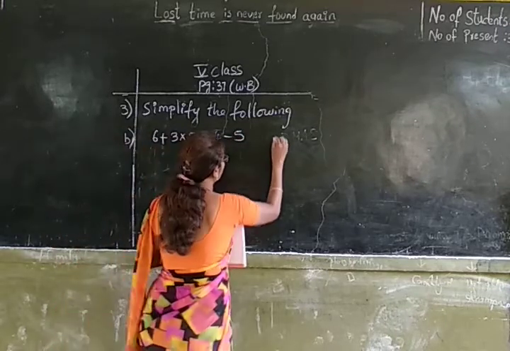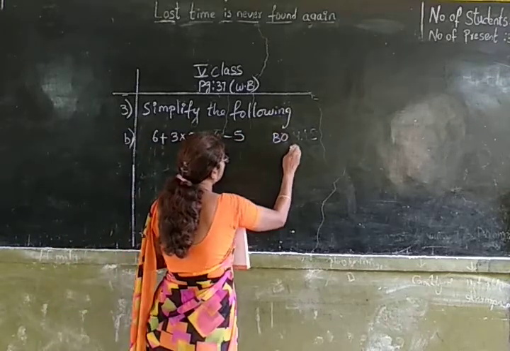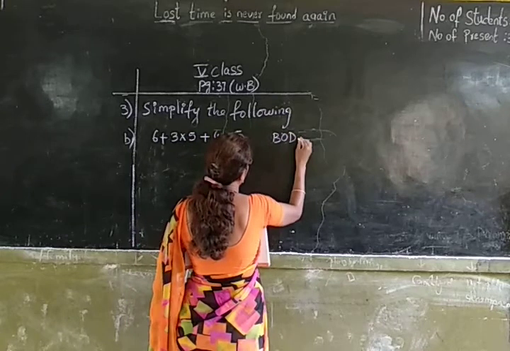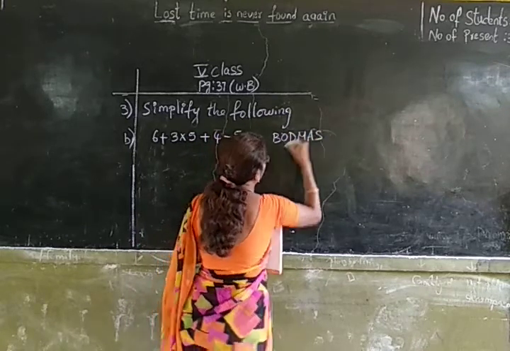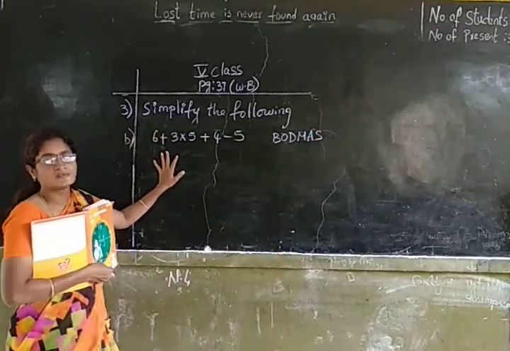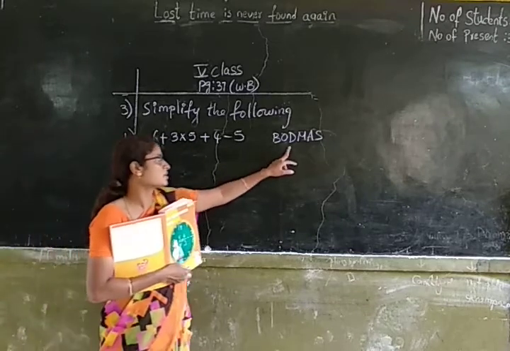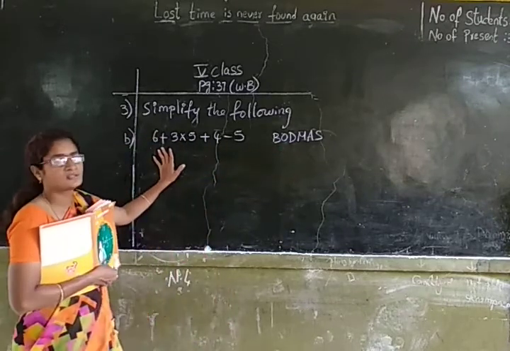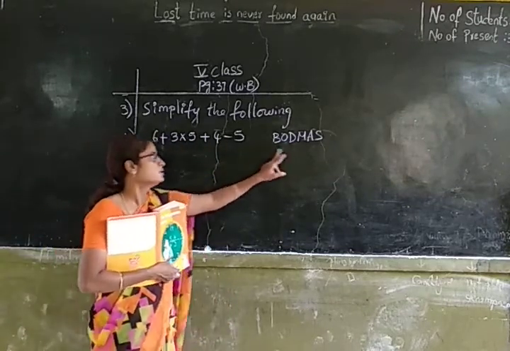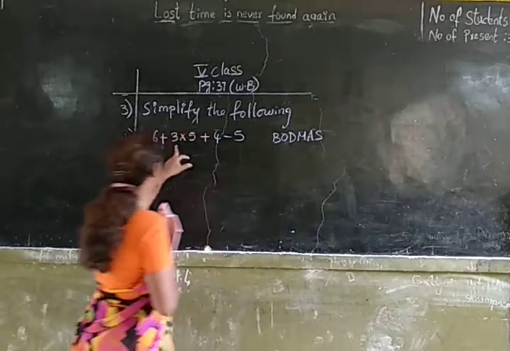Okay, children, here also the terms with bracket is not given, so we have to start from division. But the terms with division is also not there, so we have to start with multiplication.